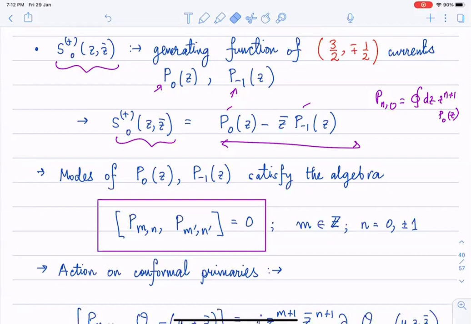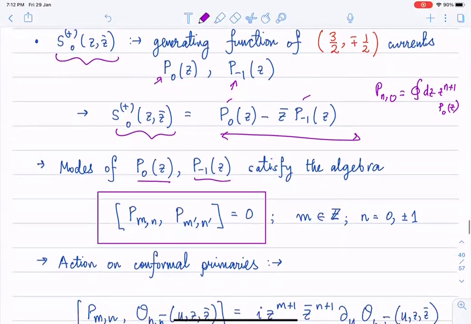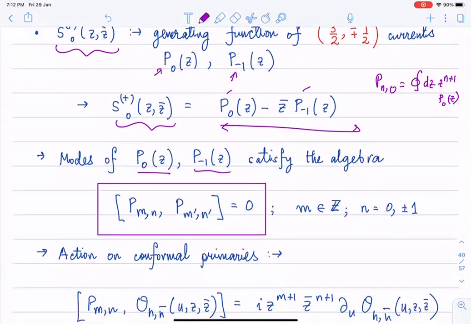So n equal to 0 will correspond to the modes of the operator P_0, and n equal to minus 1 will correspond to the modes of the operator P_{-1}. You can go ahead and compute the algebra of these modes, and it turns out that these modes commute with each other. So you basically get the following trivial algebra.